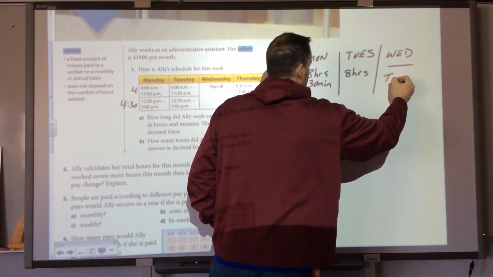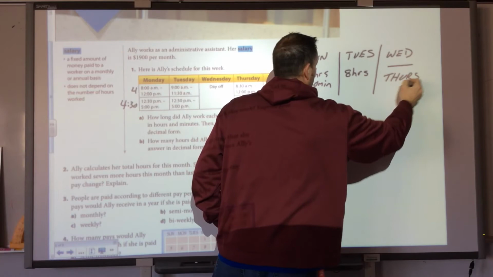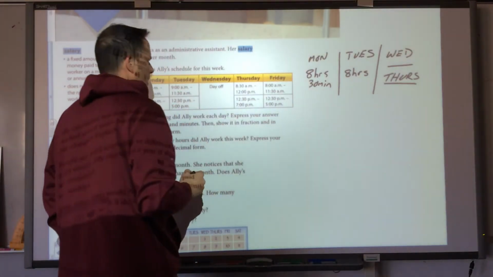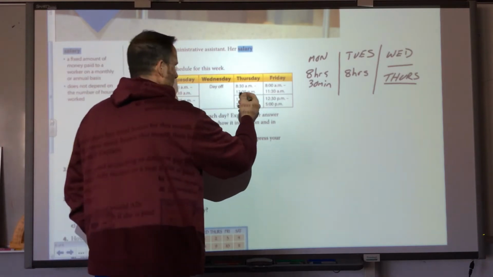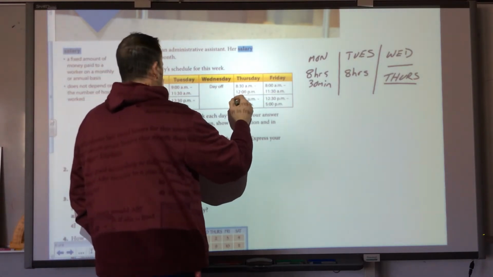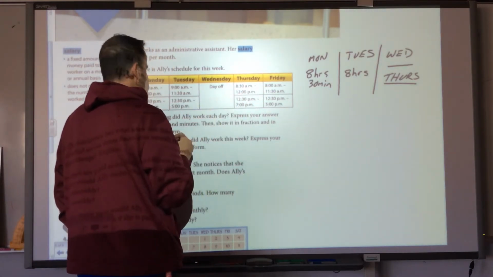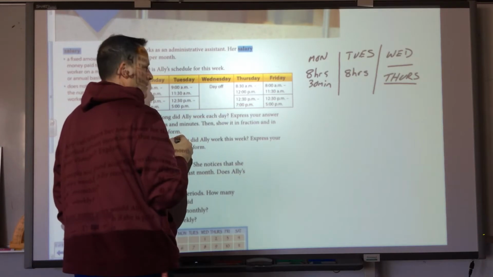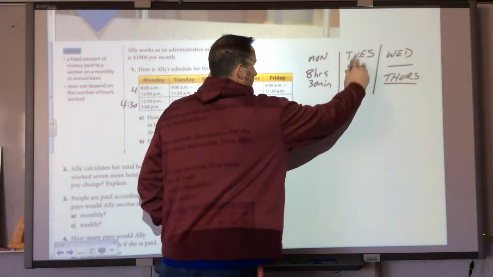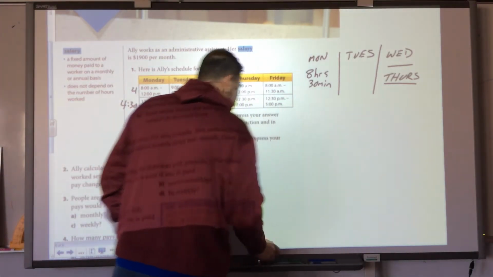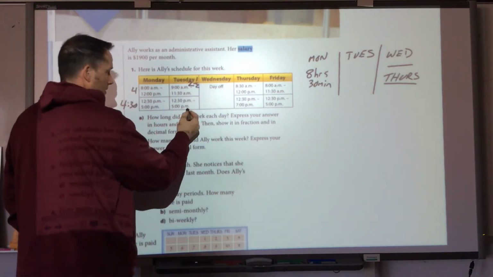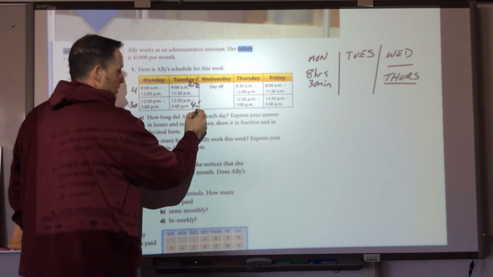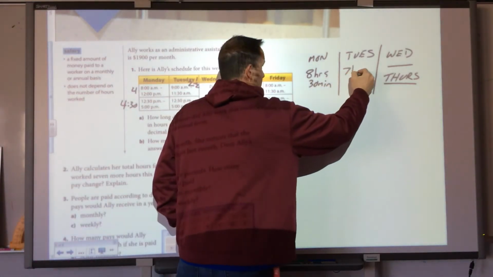So we'll put Thursday here. And she worked again, different than every other day. She's got 2.5 here, and then she has 4.5 here. So she only worked 7 hours.